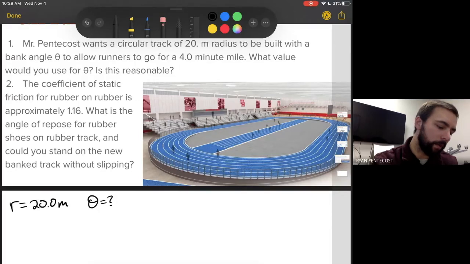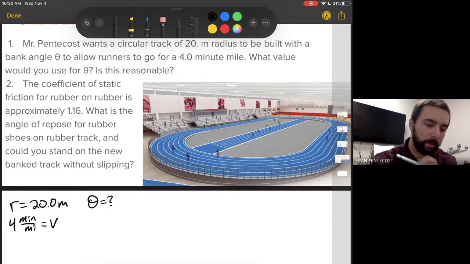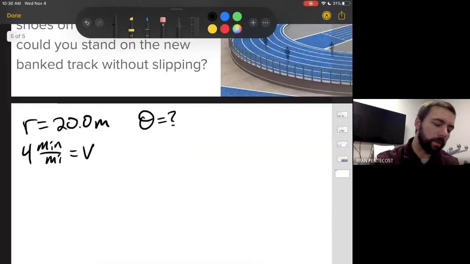And we want to allow runners to go for a 4-minute mile. So that means it takes them 4 minutes to run 1 mile. And that would be their velocity. So that's going to be a weird conversion, right? Let's convert that real quick to meters per second.